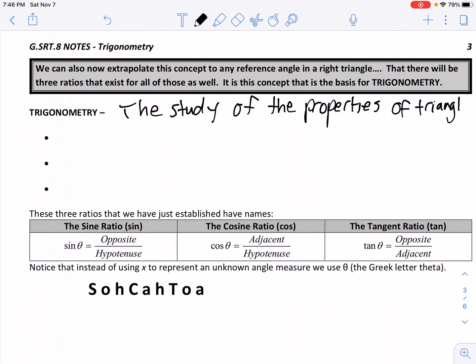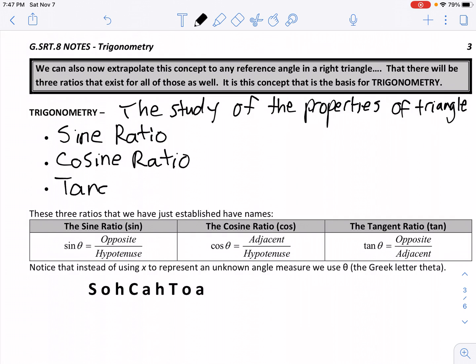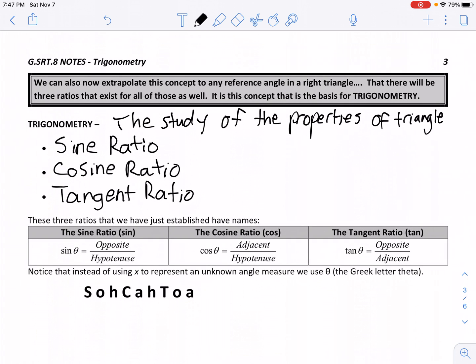In our case, we're going to be focusing on the trigonometric ratios: the sine ratio, which is one of the ratios we looked at, the cosine ratio, which is one of those ratios above that we looked at, and the tangent ratio, which is another one that we looked at above. So even though we didn't give names to those ratios, we're now giving them names, and it's based on what we did above.